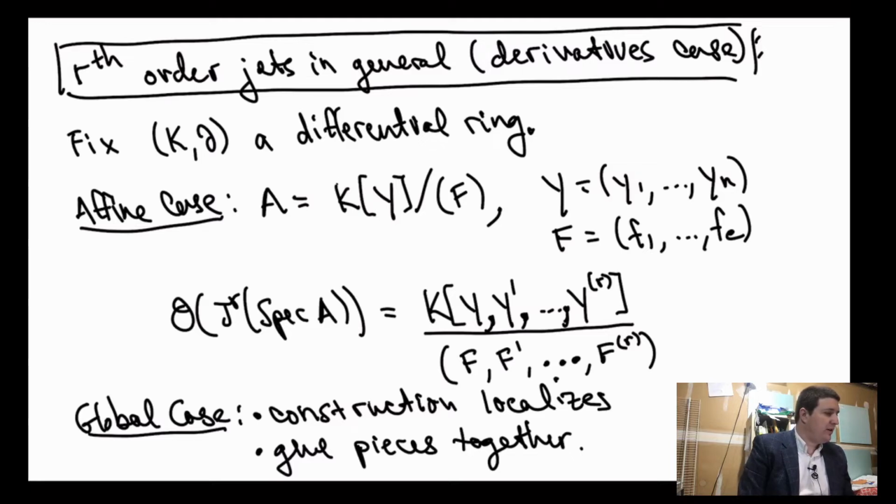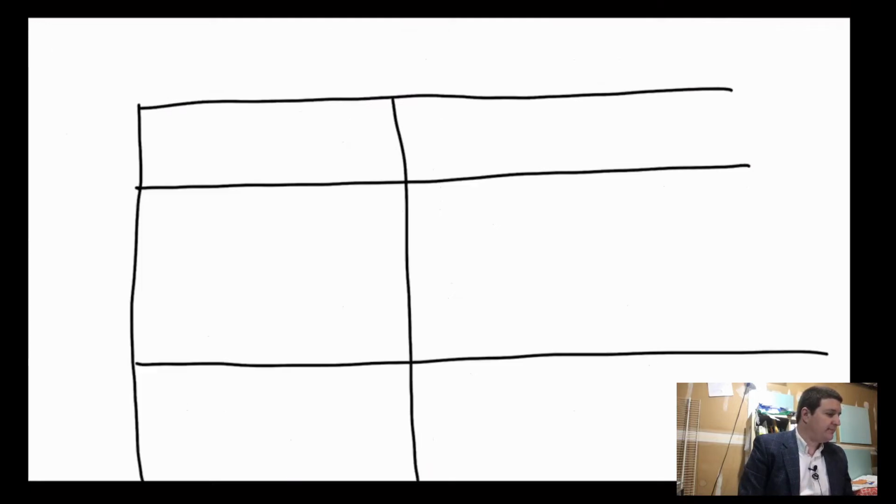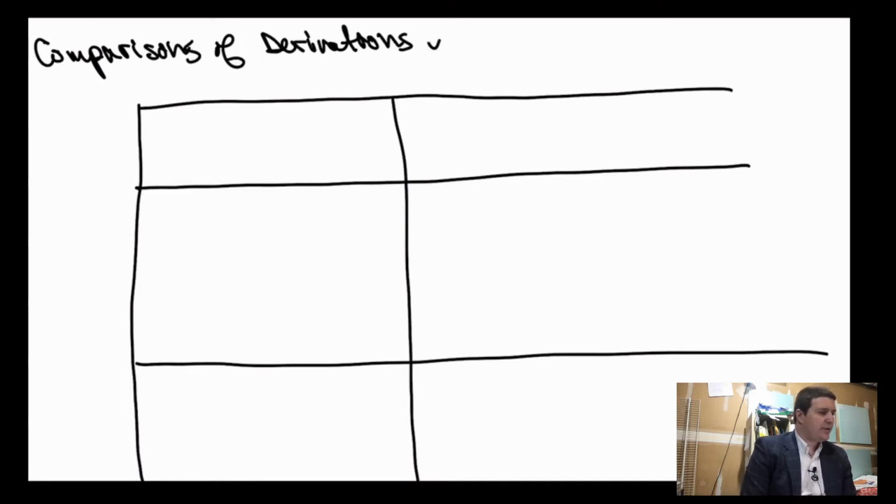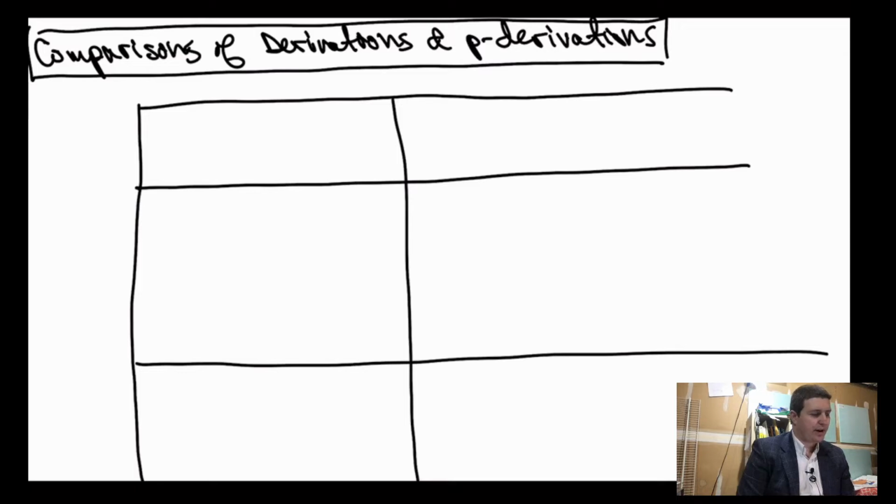Okay, so now I want to move into the p-derivation setting, where things are very similar. I'm going to do a comparison of derivations and p-derivations, or these delta operations. On one side, I'm going to have derivations, and on the other side, p-derivations.